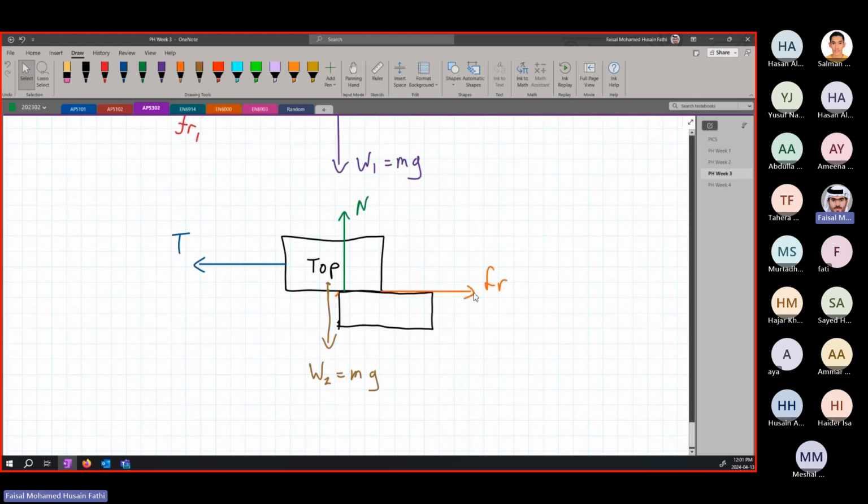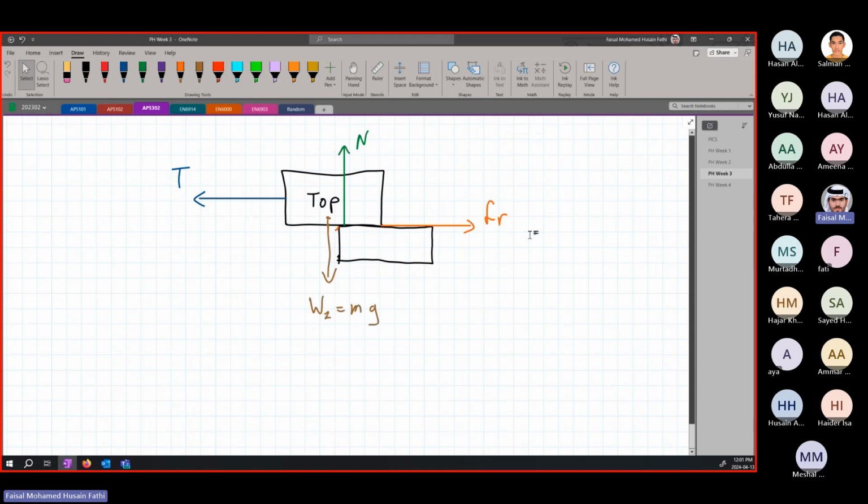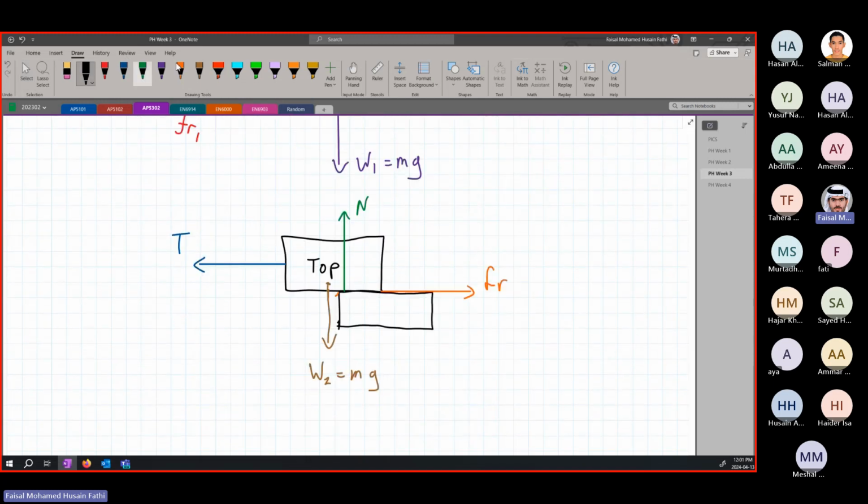But what I want you guys to look at here is that the friction force here is going to be different. This is FR2. It is going to be different than FR1. Why? If we want to find our friction force here, how are we going to do it? So for the top, now we're going to do the analysis for the top to find the first friction force.